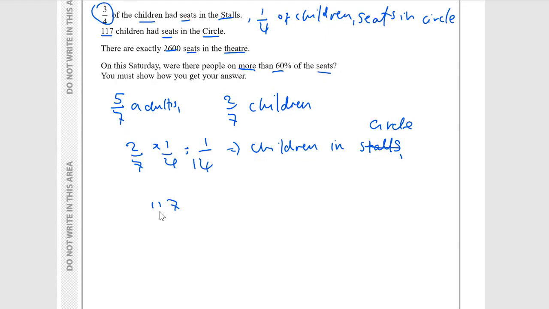So 117 equals 1 over 14 of the total. So basically 117 times 14 is the total number of people. So that's 1,638 total people.